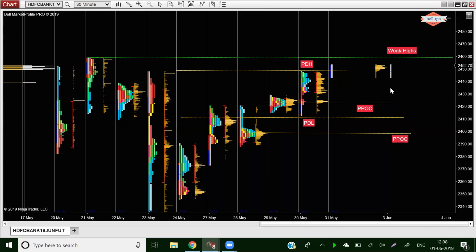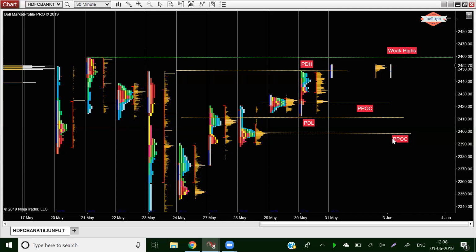At the end of the session, you have an M period, which is the last 15 minutes of activity. Each bar is indicated by a letter. So a prominent point of control is when you have 10 or more letters at a particular price.